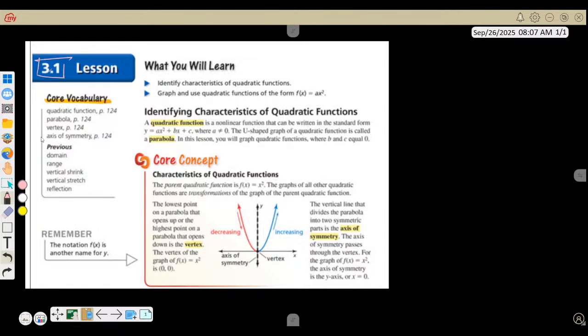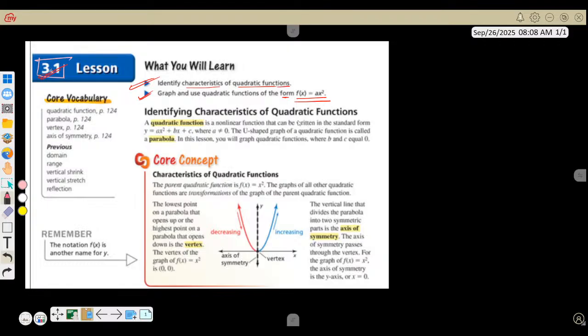In this chapter, in 3.1, you will learn to identify characteristics of quadratic functions, and second, you will learn to graph and use quadratic functions of the form f(x) is equal to ax square. Got it?